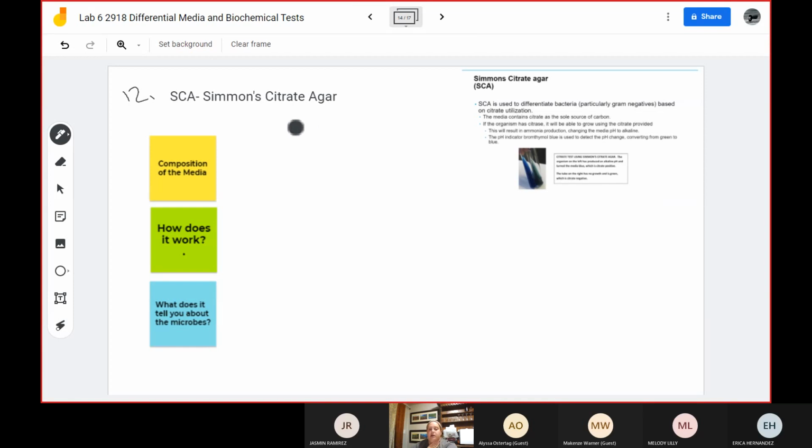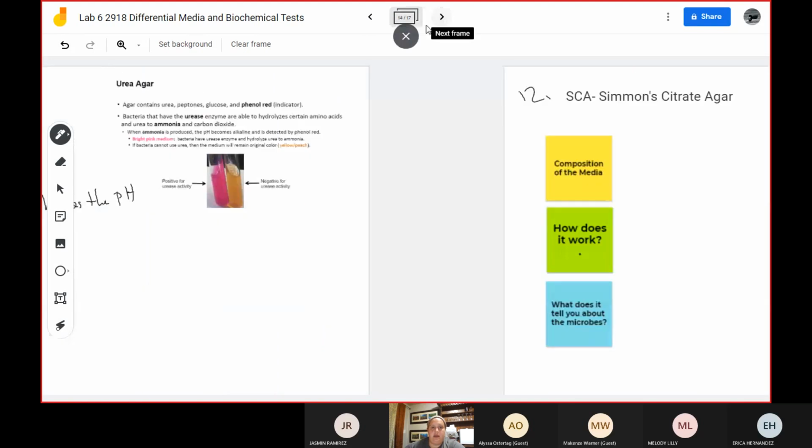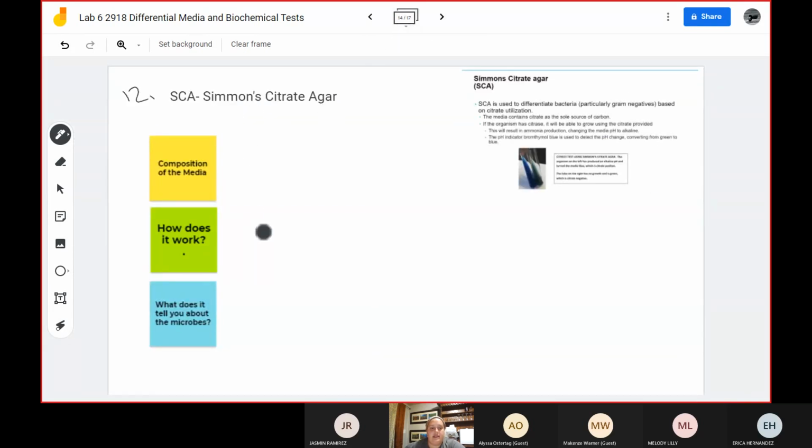Last but not least, citrate agar is very similar to your urea agar in that the citrate agar is testing for the citrase enzyme. If they're able to break down citrate and use it as a source of carbon, you will produce ammonia again.